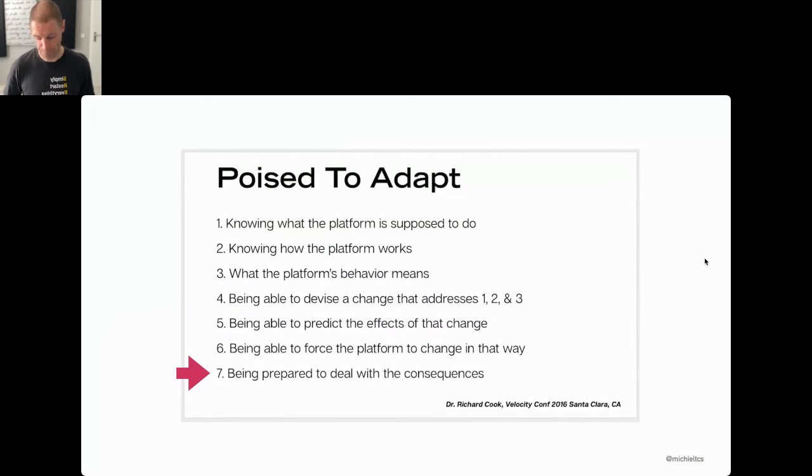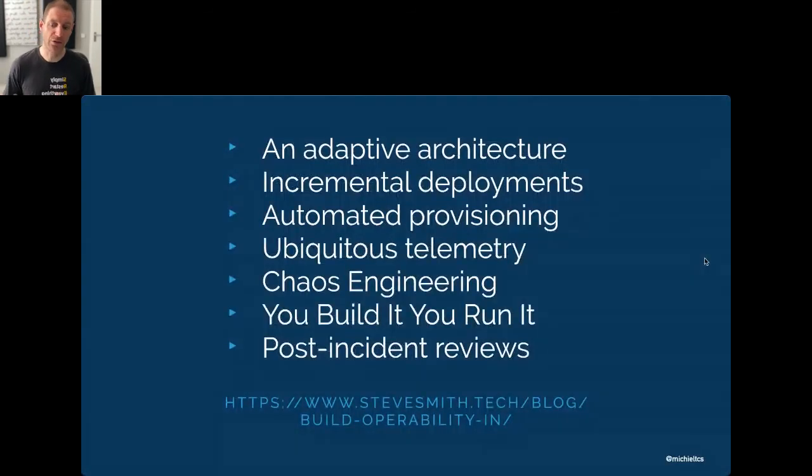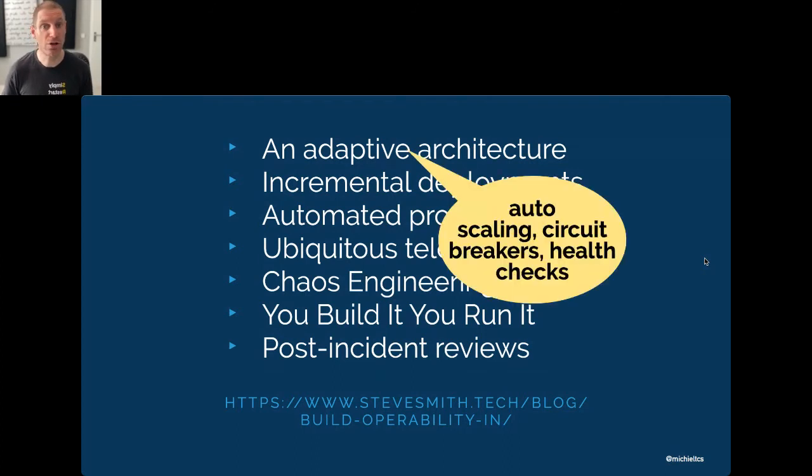Now, a good friend of mine, Steve Smith, he talks about adaptive organizations and how he thinks there are 7 capabilities that an organization needs to have in order to be adaptive. So the first one is you should have an adaptive architecture. And what do we mean with that?